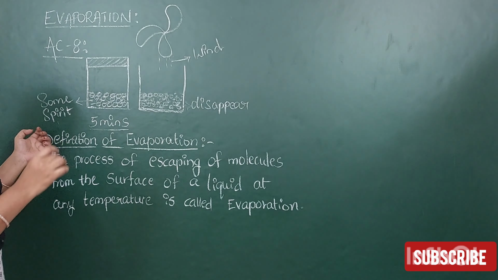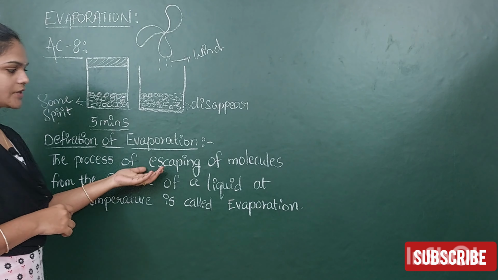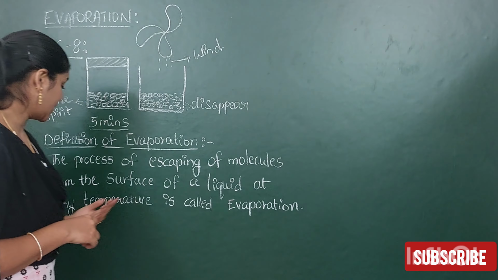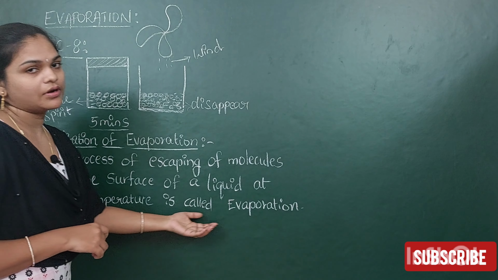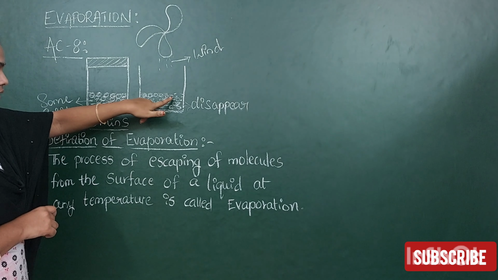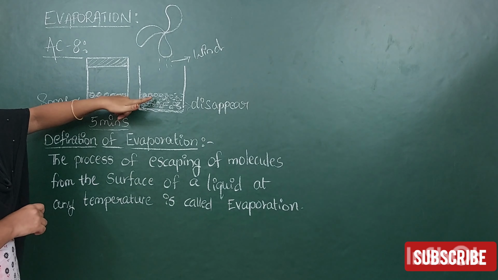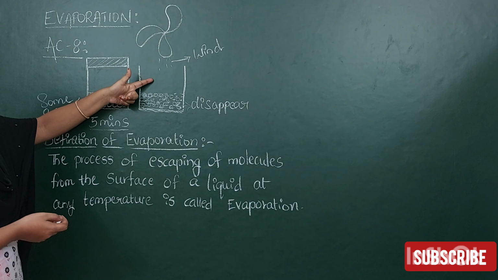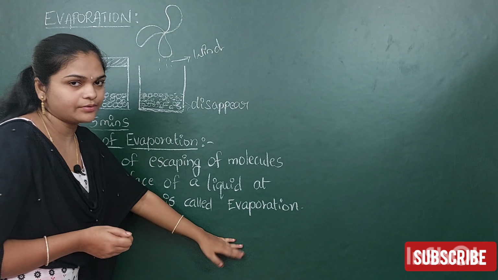So what is the definition of evaporation? The process of escaping of molecules from the surface of a liquid at any temperature is called evaporation. So when the molecules escape from the surface of the liquid at any temperature, we can say that process is the evaporation process.